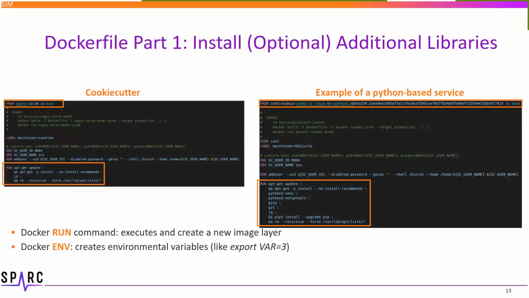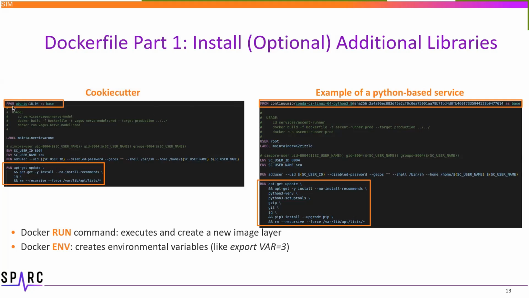This really depends on the base image you pick. Here on the left, I'm showing what the Dockerfile looks like in the cookie cutter, and on the right, I have an example of an existing service, to see how it looks in the final product.